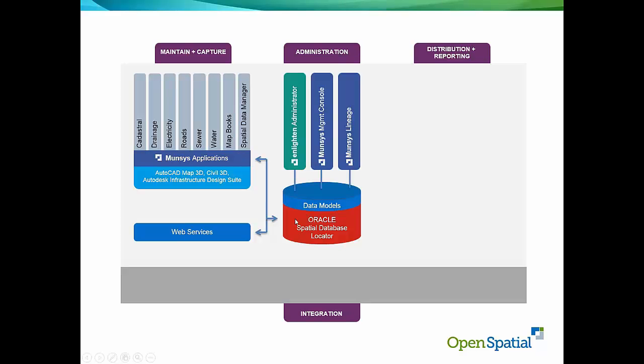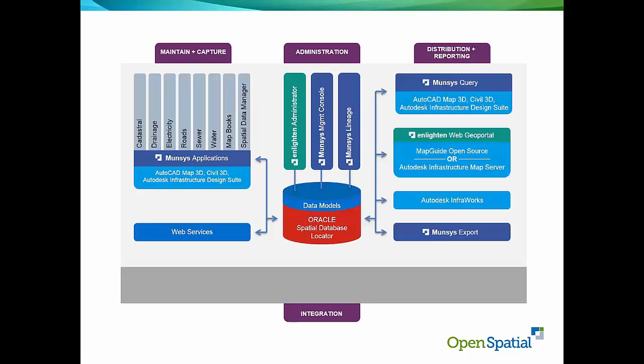And then there's some admin tools for allowing you to set up users and define features and edit columns and all of that. But on the right, the Enlighten, what you've been showing, is the web portal, and that's running on MapGuide Open Source. And so to put it in public, typically what we'd do is put another server on to pull out of the same data set, but have it outside of the DMZ and have limited access to it, and then publish those layers.